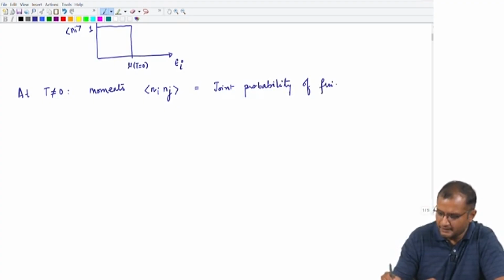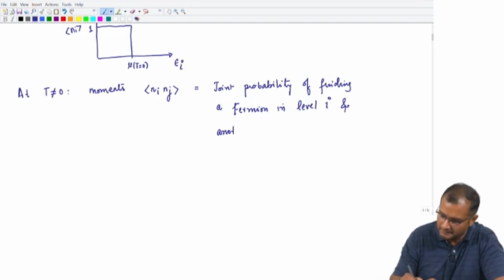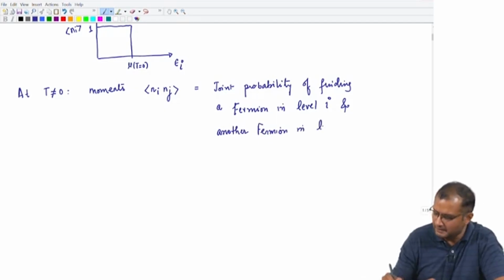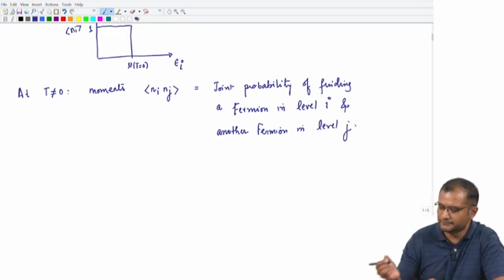of finding a fermion in the single particle level i and another fermion in the level j.